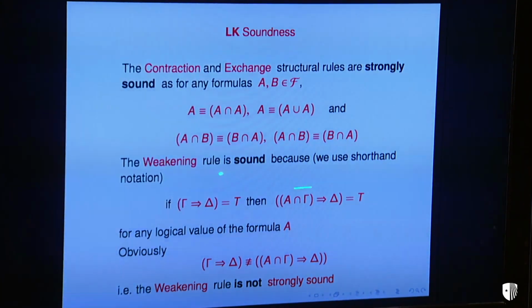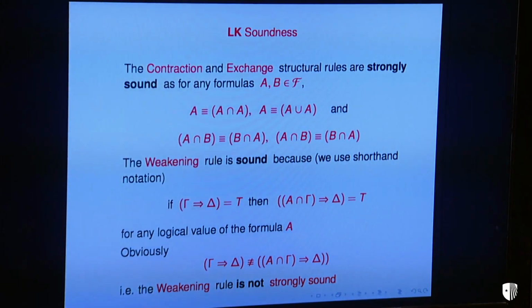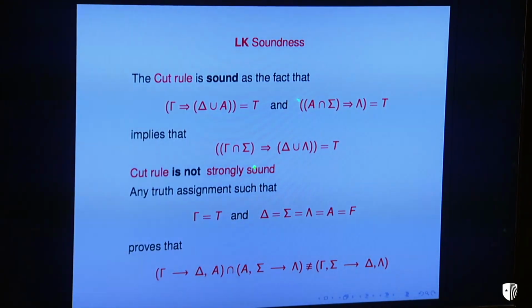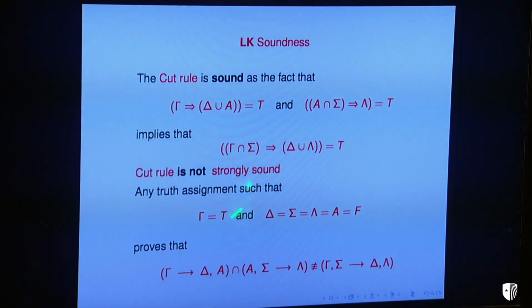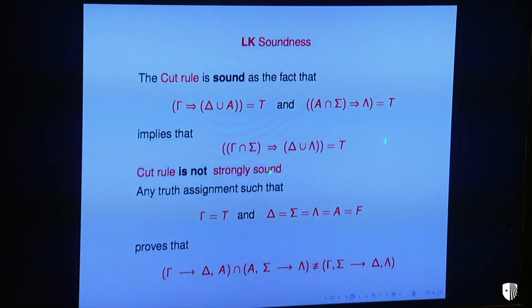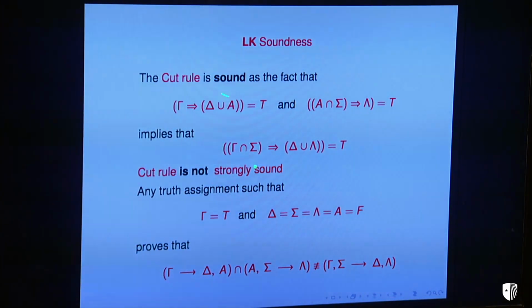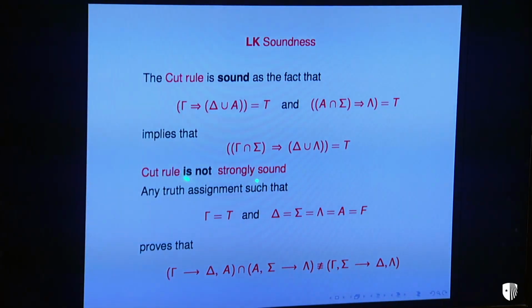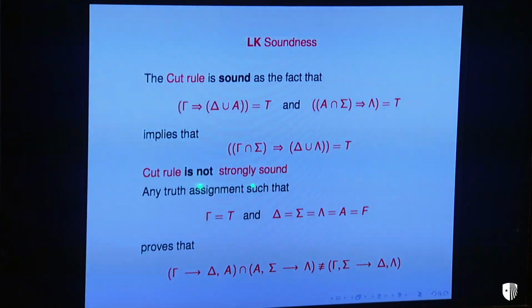Weakening is sound, but it's not strongly sound. So these are different. And the cut rule is sound. It's like modus ponens. And of course, it's not strongly sound, like modus ponens was not.